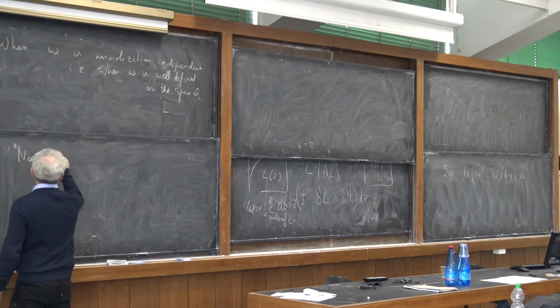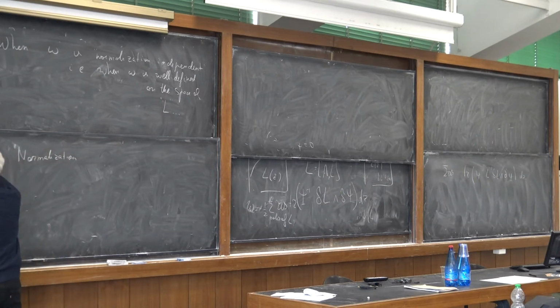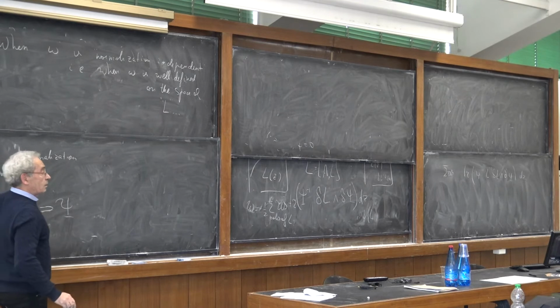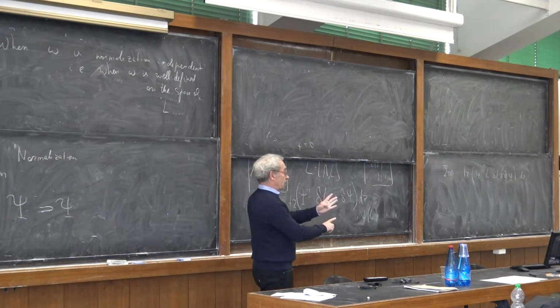Okay, so what is a change of normalization? What is normalization? You multiply a vector by a number.